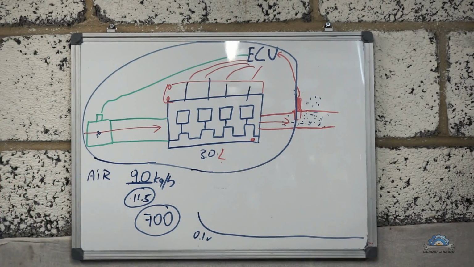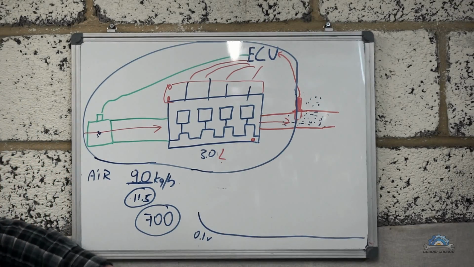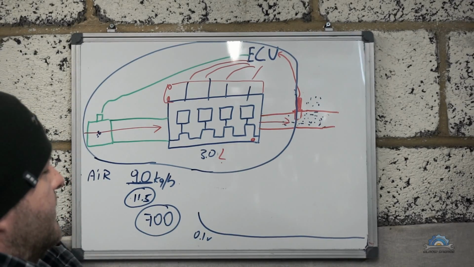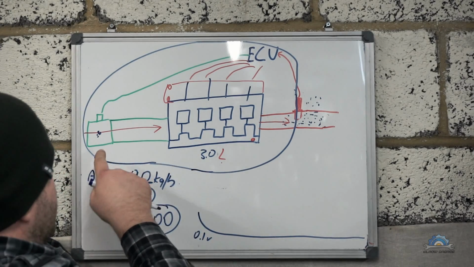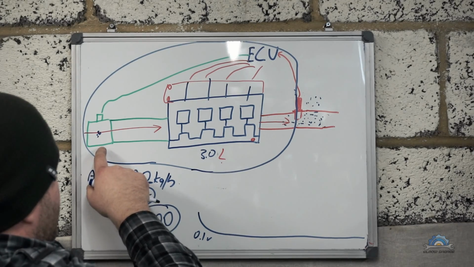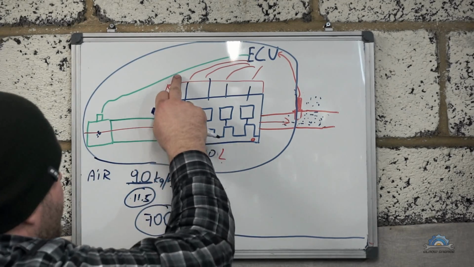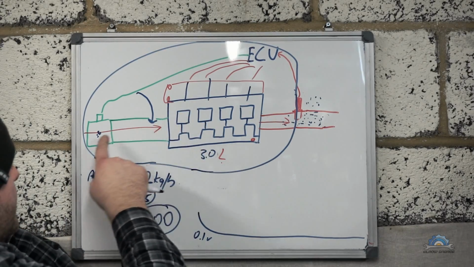So what are fuel trims actually? Fuel trims are the ability of the ECU to correct the situation, because there's some kind of situation like a bad MAF, bad readings from the MAF, or maybe a vacuum leak somewhere, which is unmeasured air going into the engine.